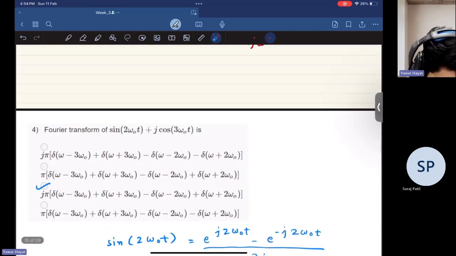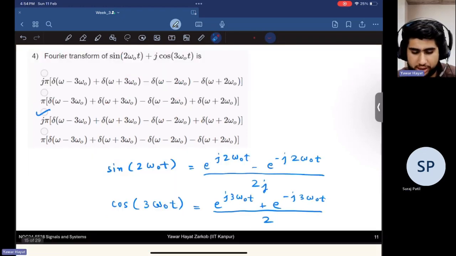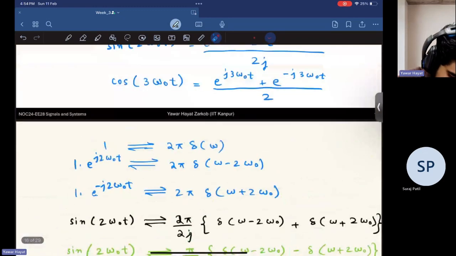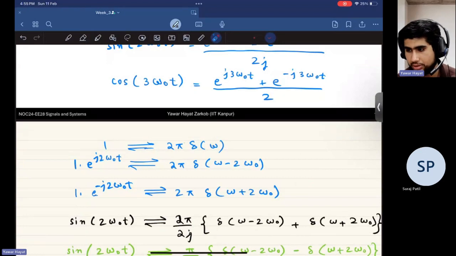These are in fact identical questions, just that you don't have a factor here. You have, I guess, a negative sign here. And then this 3 is 1. This 2 is 1. Same question, repeat of this. If you understood this part, then I'm sure you would be able to obtain the value of this, right? Yeah, try this out.